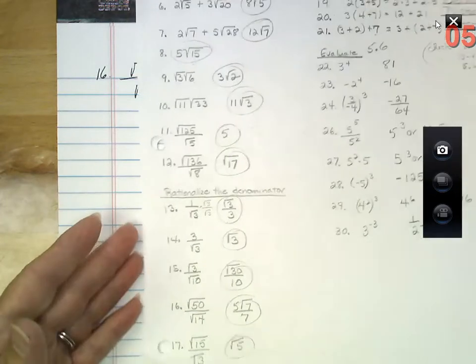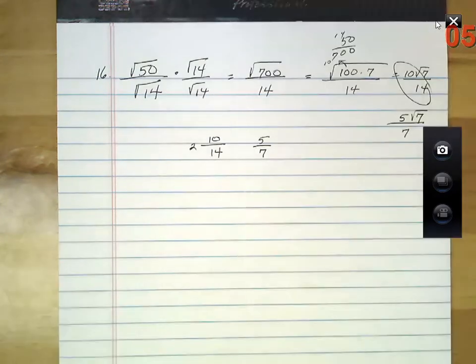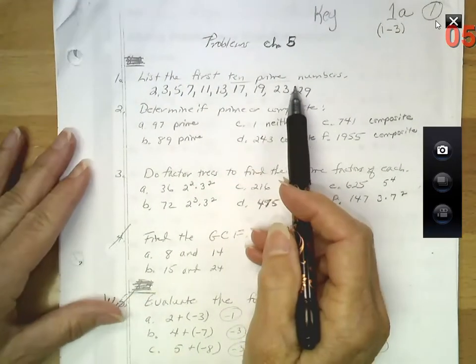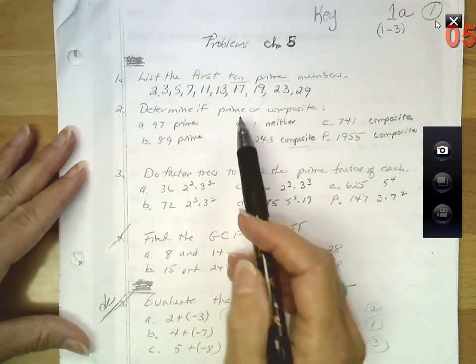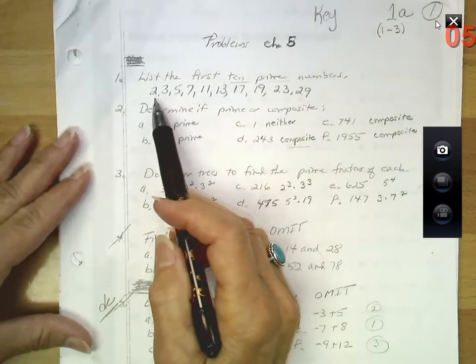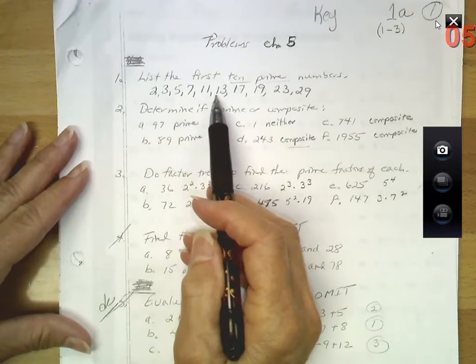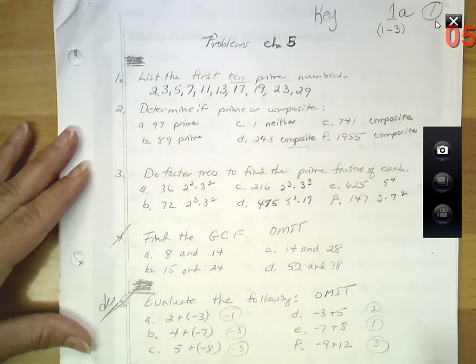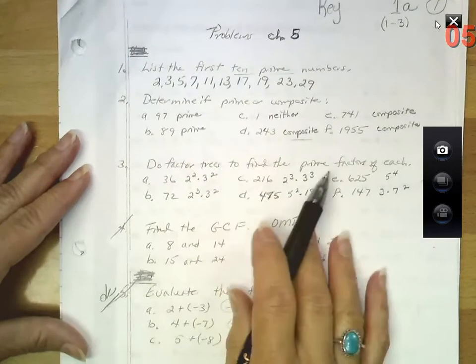Okay, now before we go to the next part, which you have already done, let's look at what we have done. We talked about prime numbers, and those are numbers that are only divisible by itself and 1. So it's 2, 3, 5, 7, 11, 13, 17, 19, 23, 29, and so forth. Then you have to decide if things are prime or composite, and so we did factor trees.